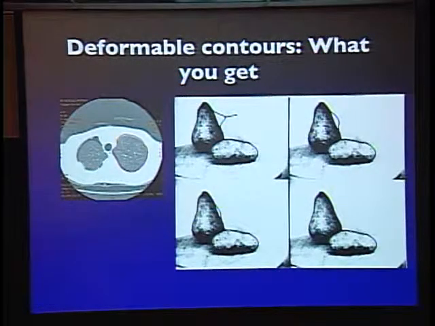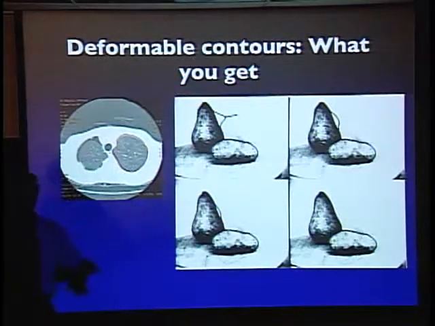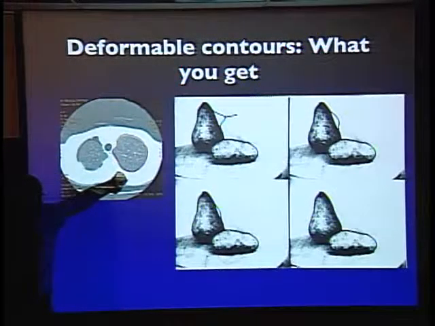Deformable contours really kind of blossomed in the early 80s. And because they are useful for a variety of different applications, it's fairly common to, for example, in abdominal CT scans, I think these are both kidneys, and this is someone's abdomen as they are laying down on the table. It's fairly common to want to isolate just an organ of interest, such as the kidneys.